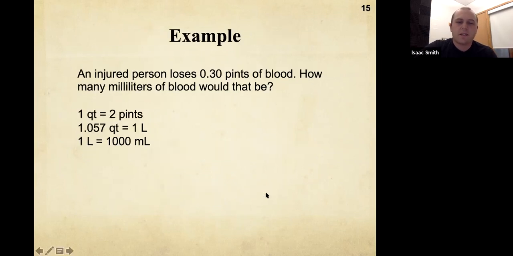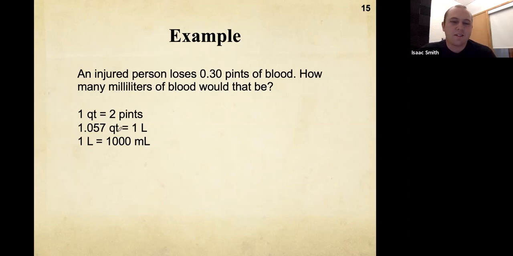Okay, so let's look at this example that we talked about before. An injured person loses 0.30 pints of blood. How many milliliters of blood would that be? On a test, you'll be given conversion factors for conversions that are kind of weird and out there.